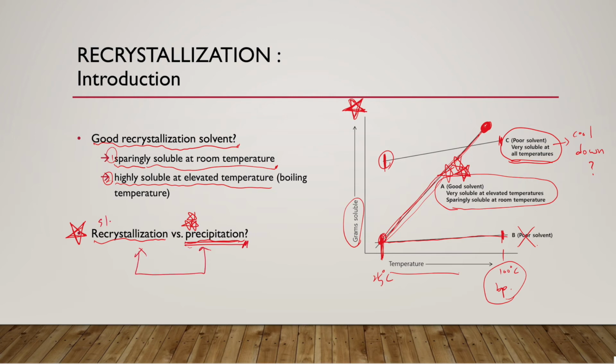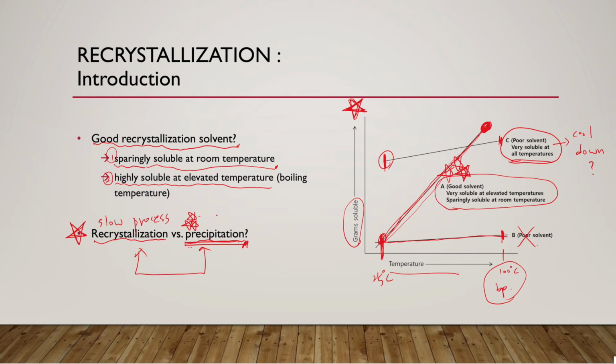Recrystallization is a very slow process. In the previous slide, we talked about how we heat up the solution to dissolve the compound in a solvent, then we just slowly cool down. So we're basically providing enough time for the molecules to solidify in the solution.